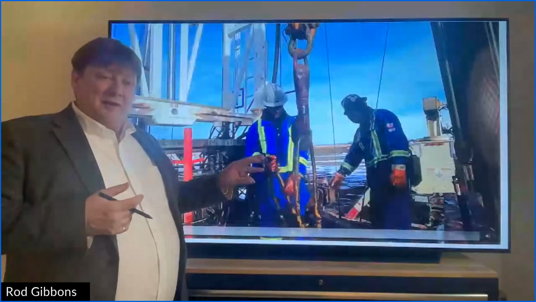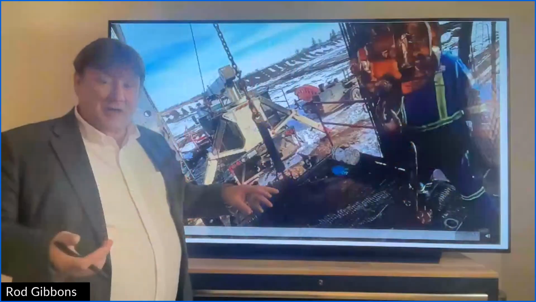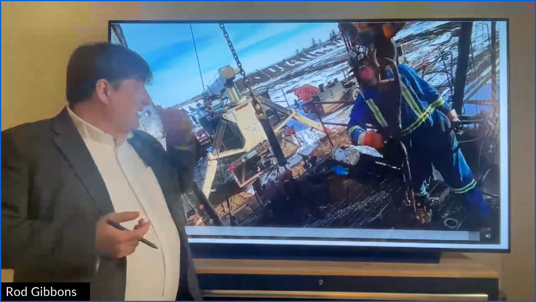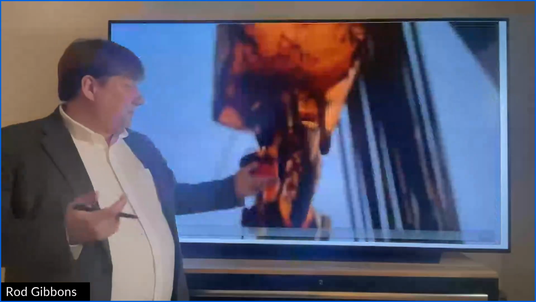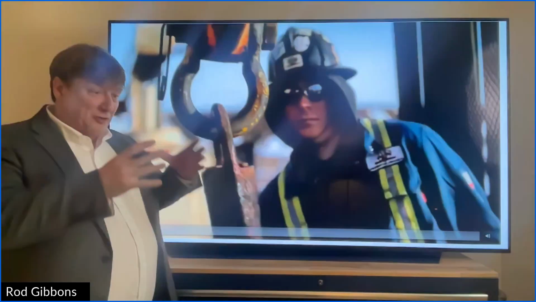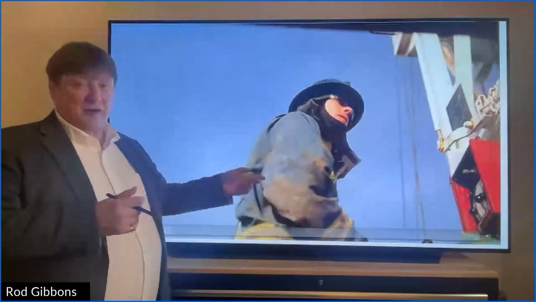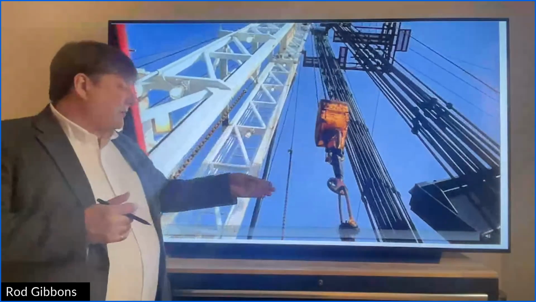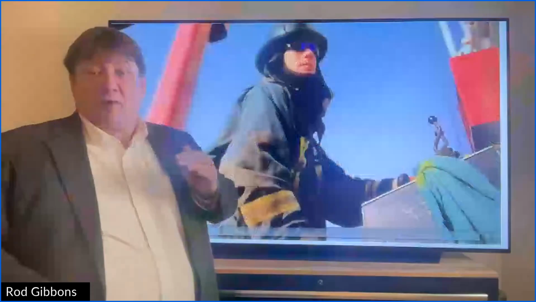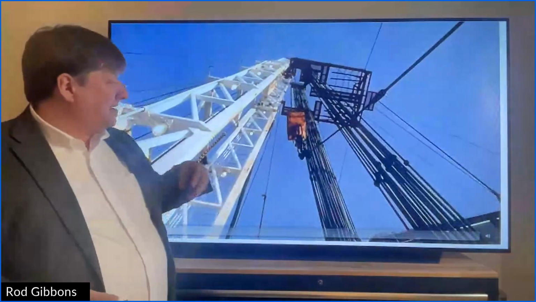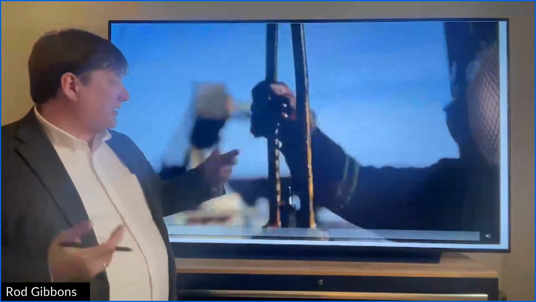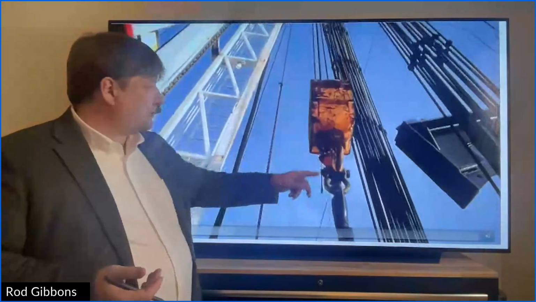So when you have to do a pump change out, you get a service rig in, and you'll be tripping sucker rods. So you have your tubing, and then inside your tubing, you would have sucker rods. At the bottom of these sucker rods would be a rod pump, and put a new pump on, and then run the sucker rods back in.